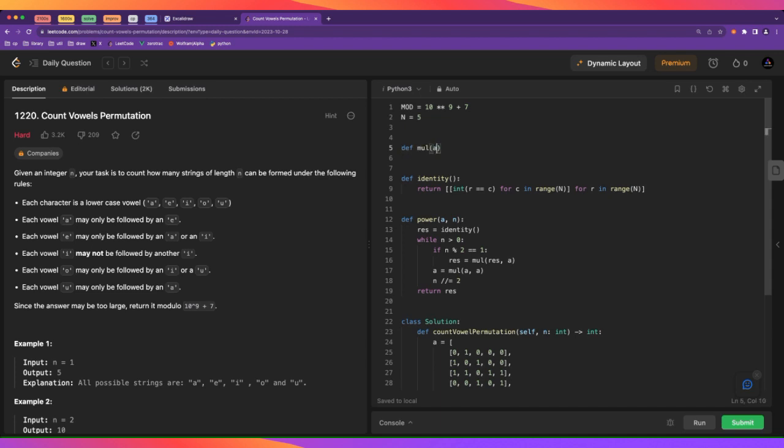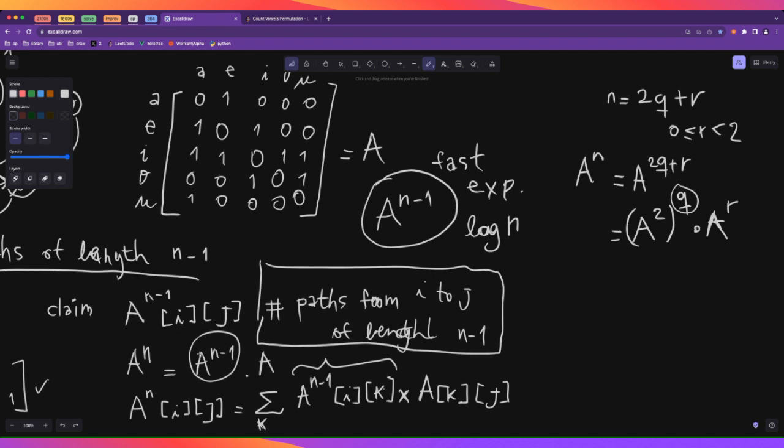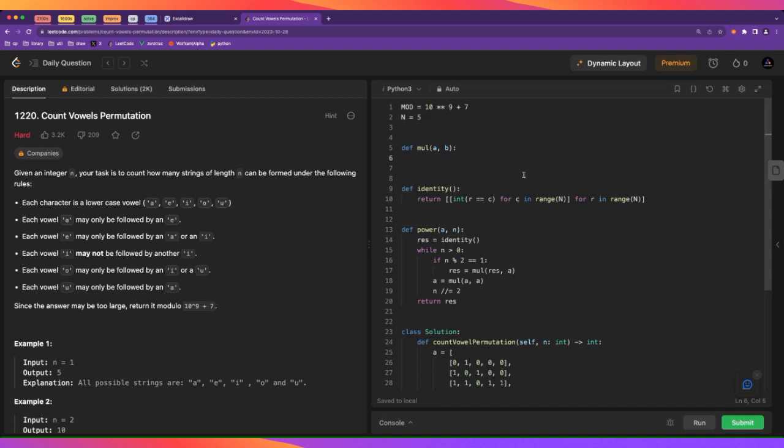And now we need our mul function, which is going to be the formula we established here, the summation. Maybe in Python we can write it. Those are the rows, then these are the columns, and for every position in the matrix we want to sum.